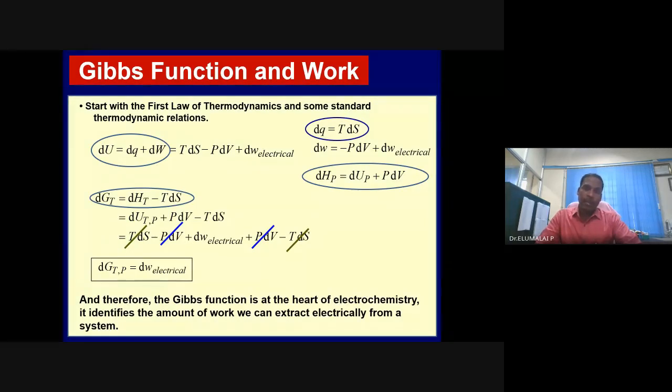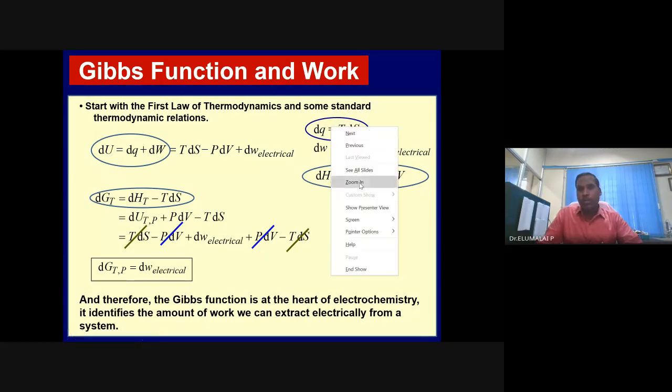The third law is an entropy consequence. dE equal to dQ plus dW. And the second law of thermodynamics talks about delta S, the entropy. dQ by T is equal to dS.